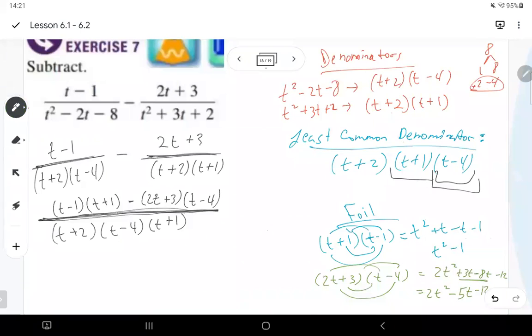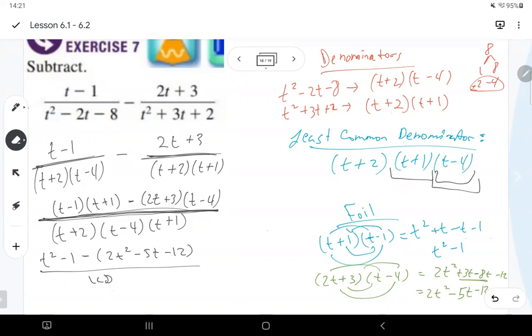So now we're going to bring those back. You get t squared minus 1 minus 2t squared minus 5t minus 12 with the LCD. Then we just distribute the sign.